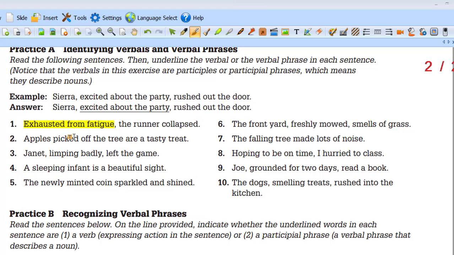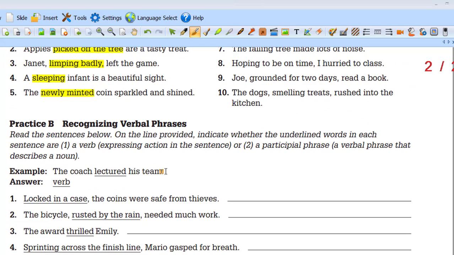Number 2, we have picked off the tree. Number 3, limping badly. Number 4, sleeping. Number 5, newly minted. Okay, and the rest are the same. You can do them yourself.